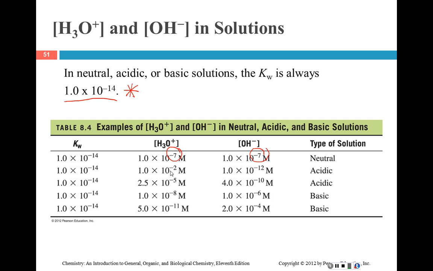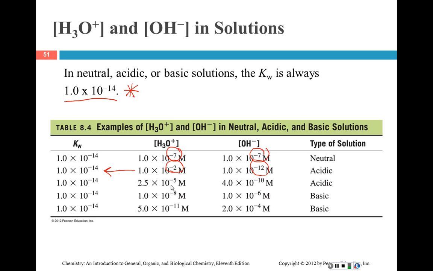If your hydronium ion concentration is 10 to the minus 2, which is very much higher than 10 to the minus 7, then in order for it to still equal 14, the hydroxide concentration has to change to 12. See how that works? 7 plus 7 is 14. If the hydronium is 2, the hydroxide has to be 12, because they still have to equal 14.